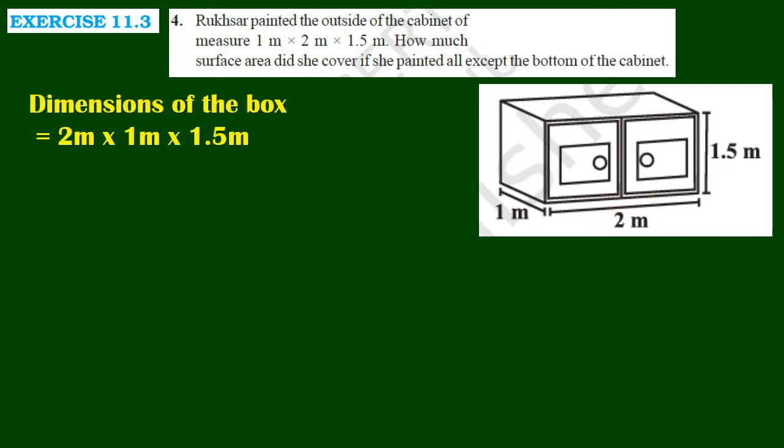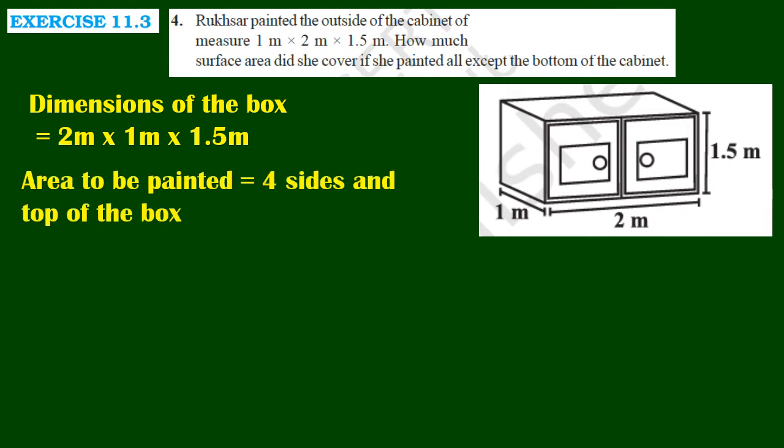So dimensions of the box, length into breadth into height, 2 into 1 into 1.5. Area to be painted means 4 faces of this cuboid, that is lateral surface area, and the top of the box.